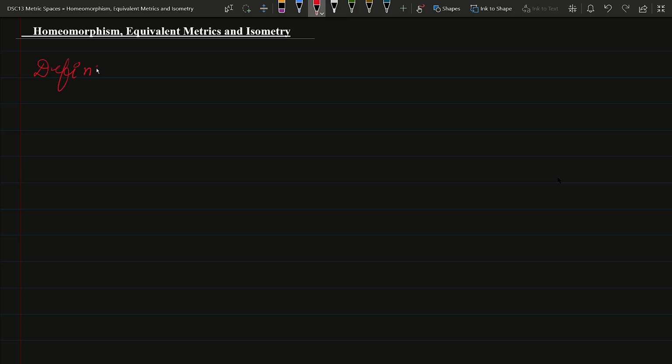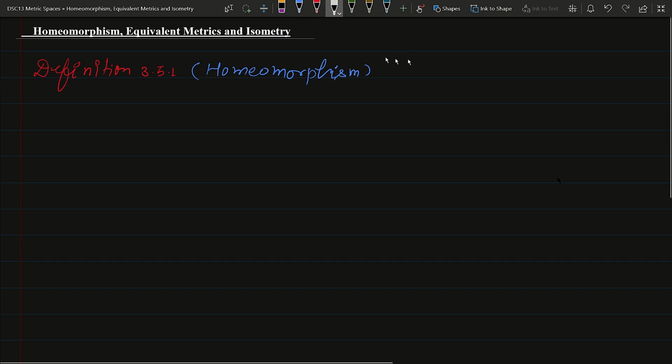These are all very crucial topics in metric spaces, and this is Definition 3.5.1, homeomorphism.